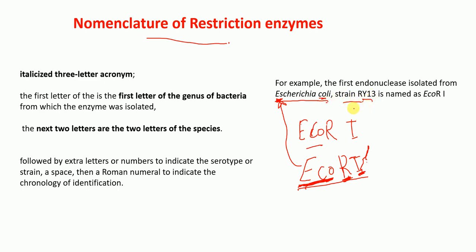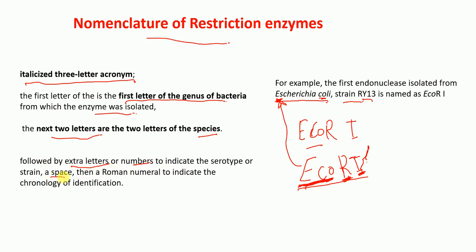So basically, the nomenclature, like I explained: the first 3 letters are italicized, the first letter is the first letter of the genus of the bacteria from which the enzyme was isolated, and the next 2 letters are the first 2 letters of the species of the same bacteria, and this is followed by extra letters or numbers to indicate the serotype.